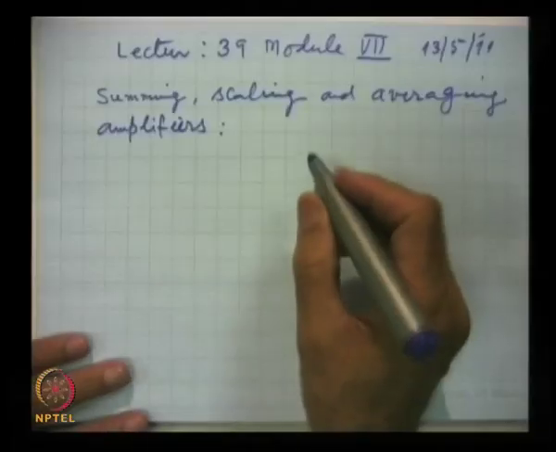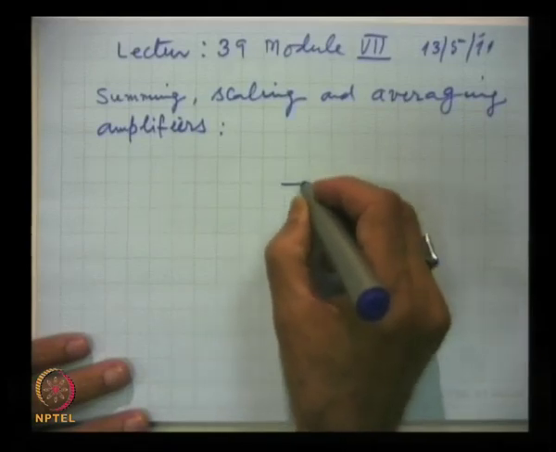Now, the inputs can be more than one, maybe 2, 3, 4, 5, 6 or even 8 or 10, but just to make the diagram simpler, we take 3 inputs, and when we use an inverting configuration, then this is the circuit.